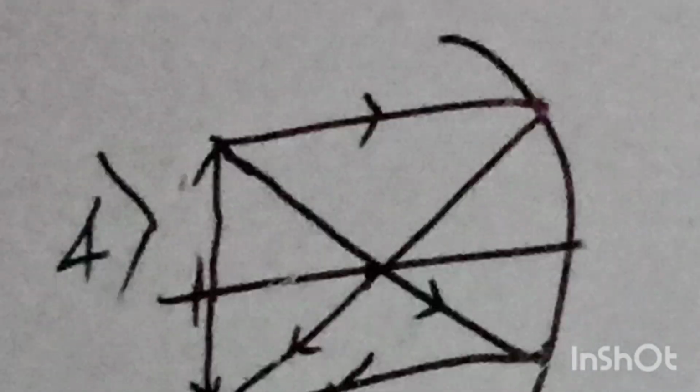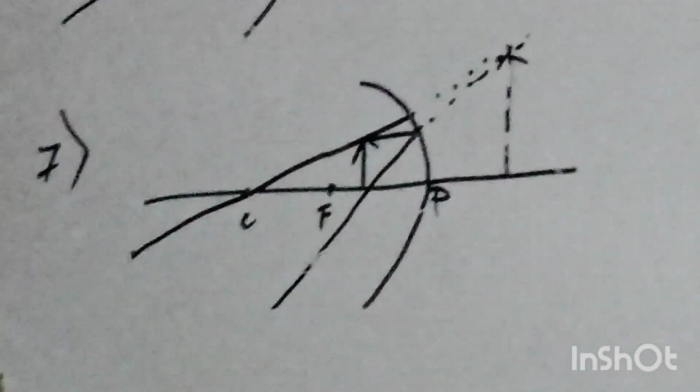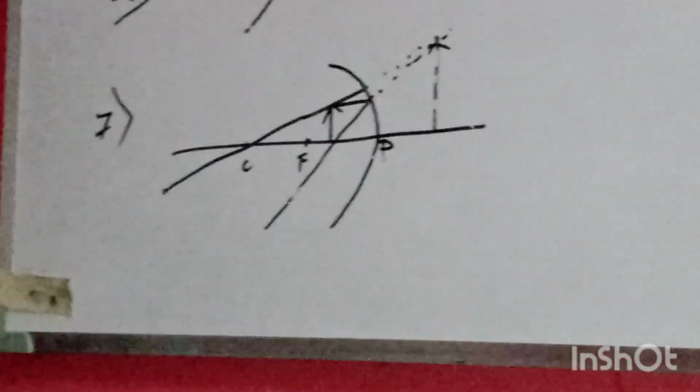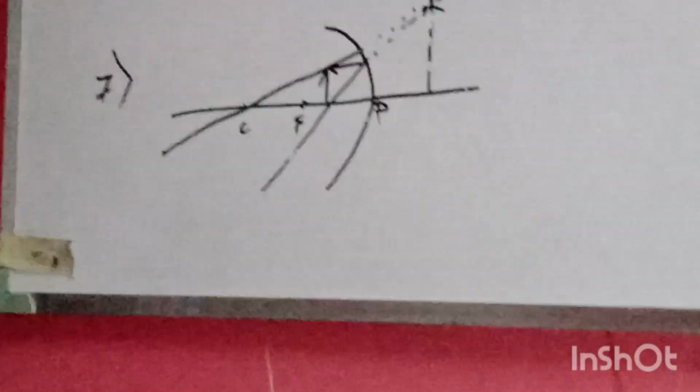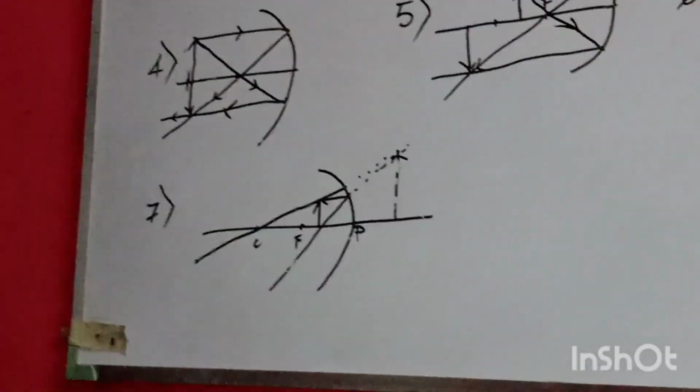Okay, these are the different characteristics of the image formed in a concave mirror. So we find the image formation depends on the distance of the object from the pole.